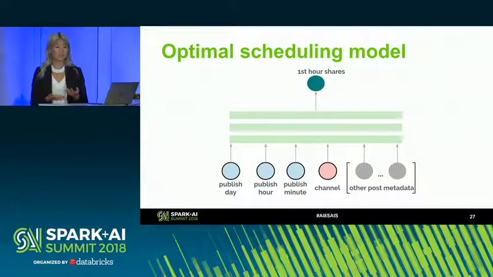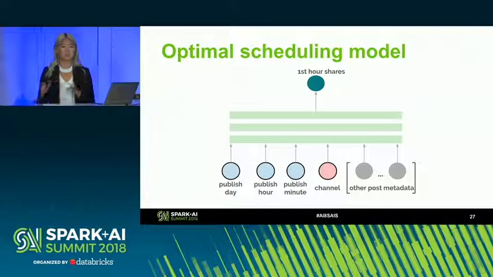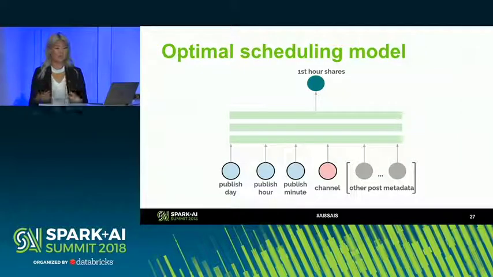So we did some analyses and our analysis suggested that there were certain hotspots for certain pieces of content on some channels. So we decided to put together a model that can help us determine what those optimal publishing times are.